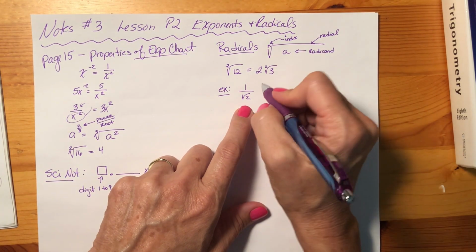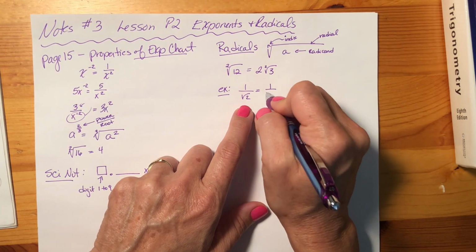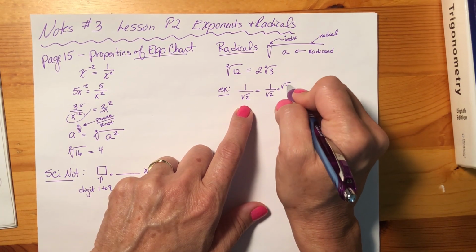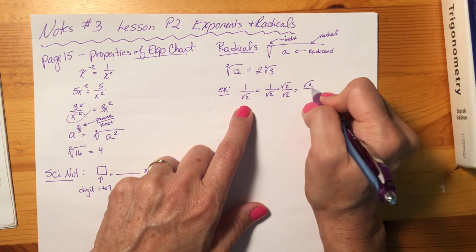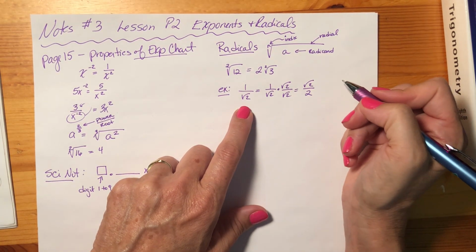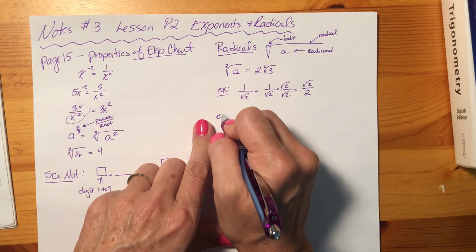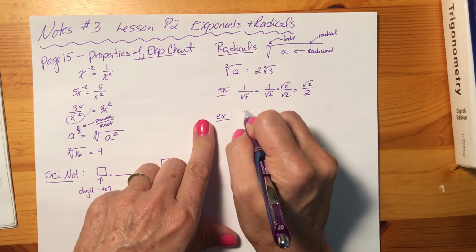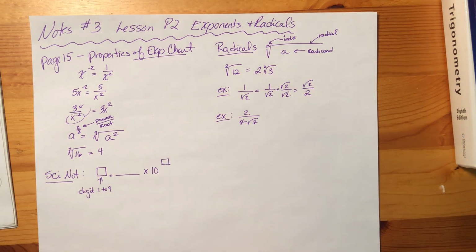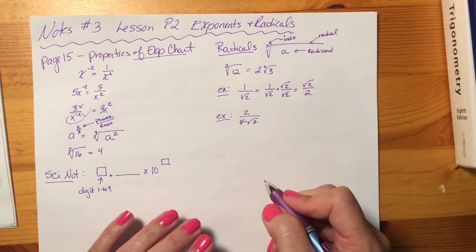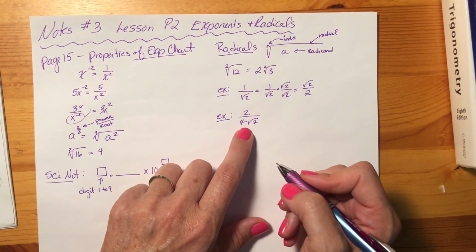All right, so what you did in your geometry classes last year is you rationalized, right? You rationalized like crazy. I'm assuming that you remember how to do all of that. What might be new for you is you're going to see problems like 2 over 4 minus root 7. Okay, so you're going to need to rationalize this.